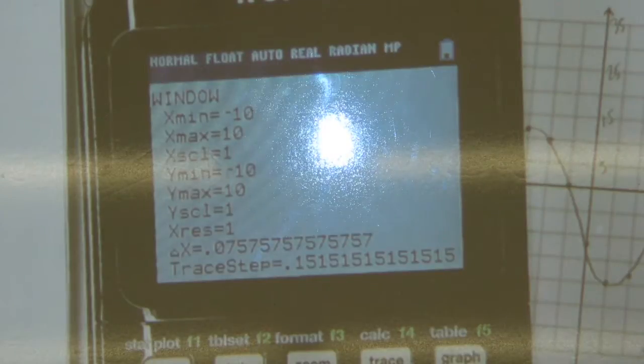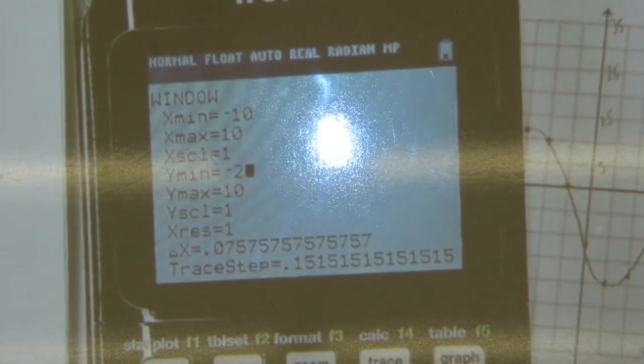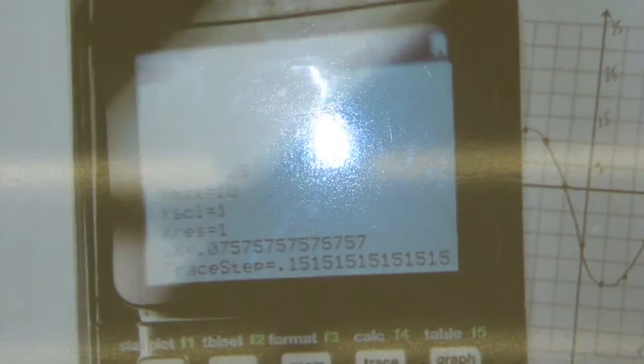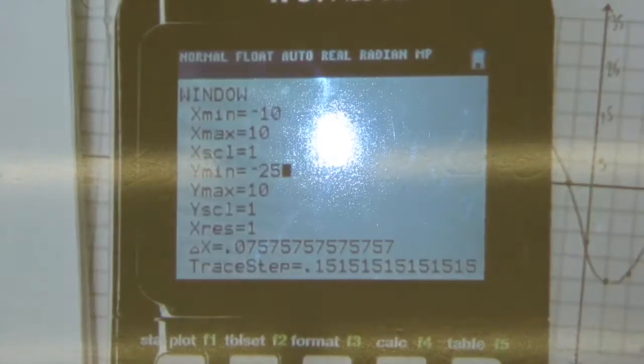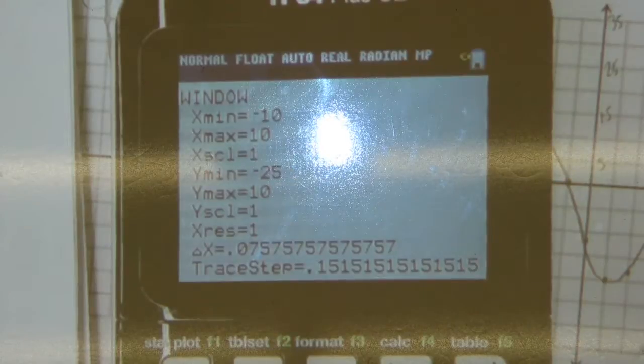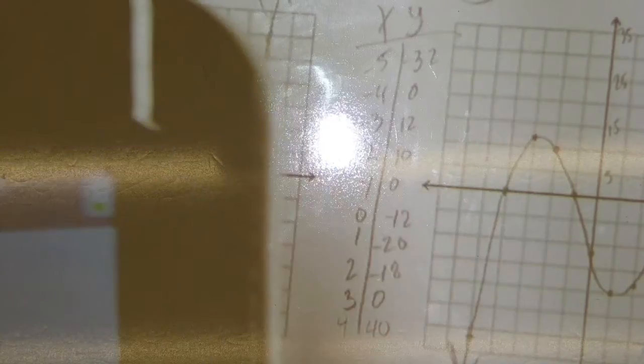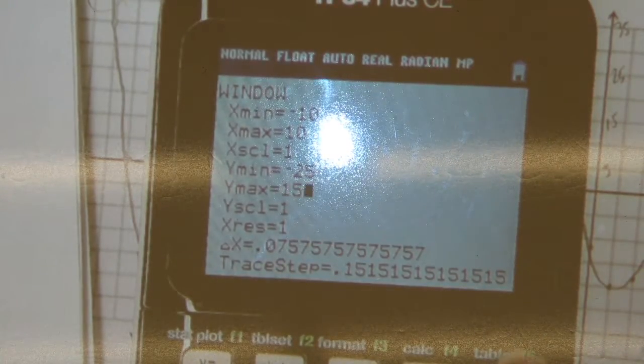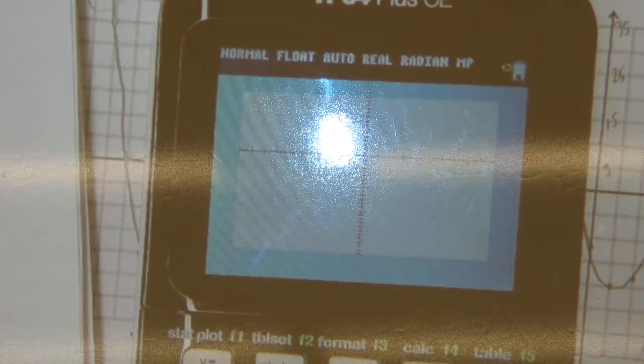If we go to negative 25, because our lowest one there was negative 20, so let's go to negative 25 just so we can see it. And our highest one was positive 12, so we can go to 15 here. We should be able to see it that way. Then we graph it again and see if it works better. Okay, now we can see it all, right?